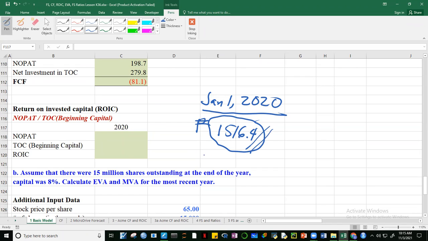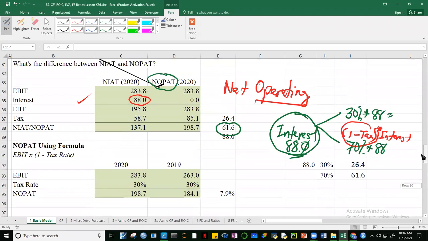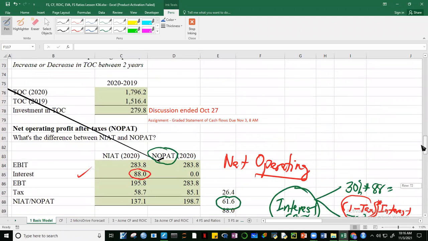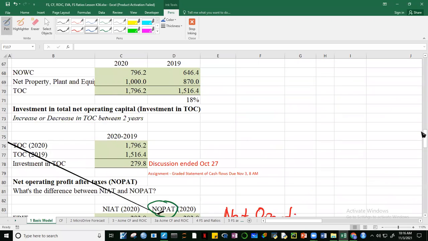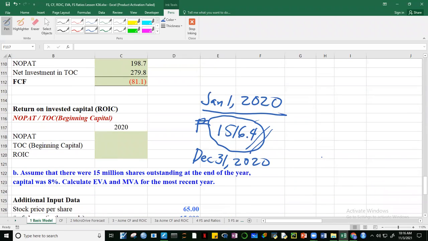Now we're going to use this as a measure. We're not going to use the December 31, 2020 figure, which is 1796.2. That's the end of the year. So we're talking of TOC, total operating capital.